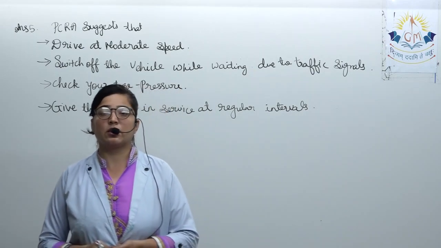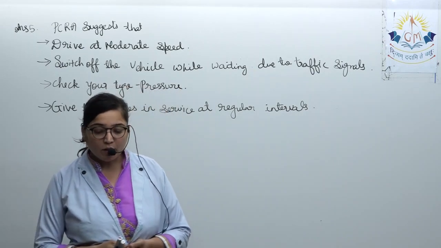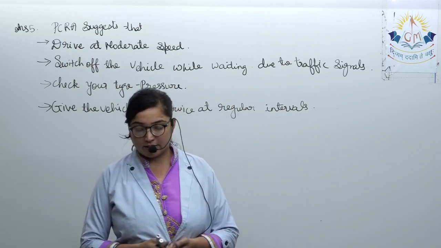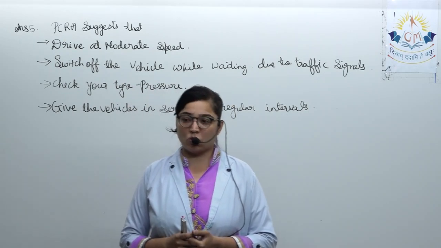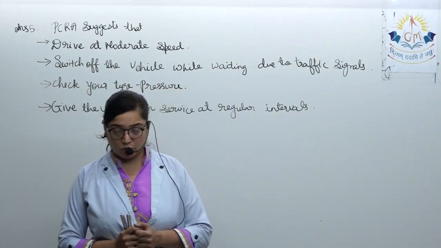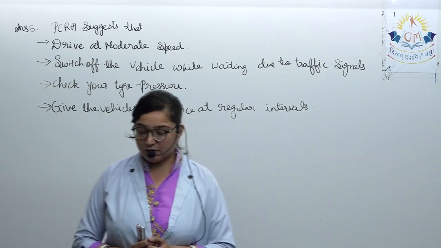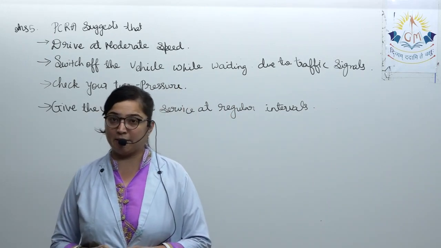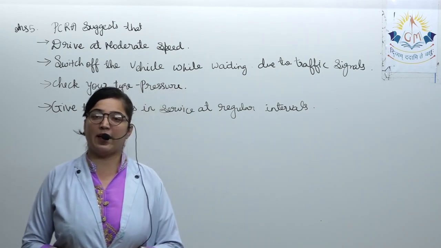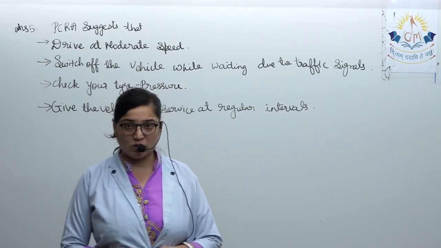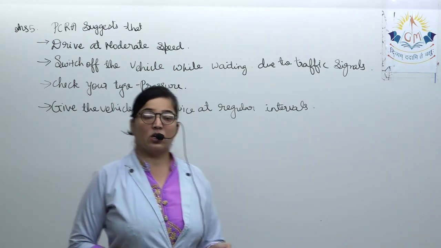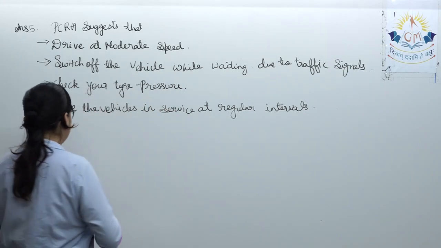Examples are coal and petroleum. Inexhaustible natural resources are those resources which are available in unlimited quantity for use and can be replenished again and again after usage. Examples are sunlight, water, wind. Okay, so let us note down the answers.